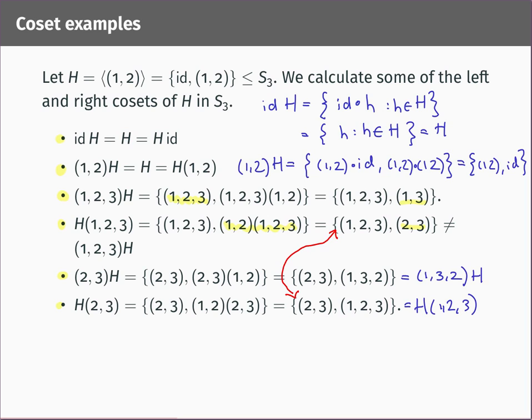So this gives us an interesting observation, which is that two cosets can be equal even when they are cosets by different group elements. So we're going to add this as a comment at the bottom because it's super important.